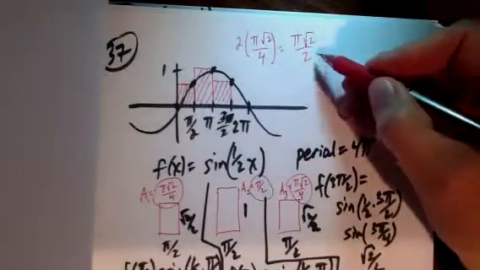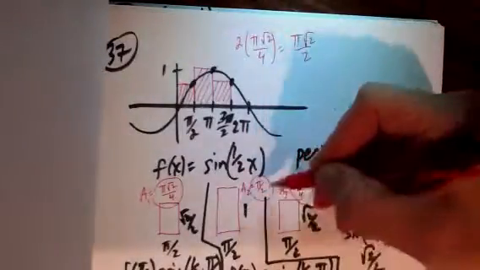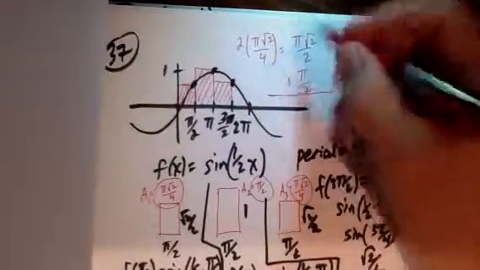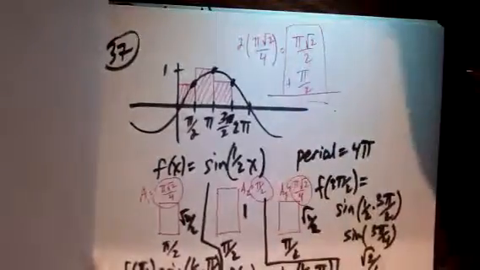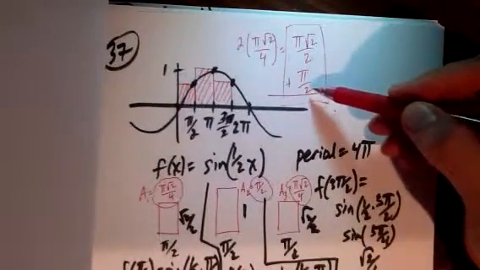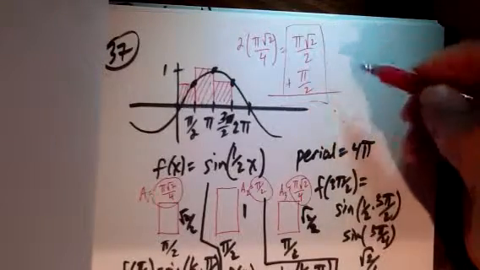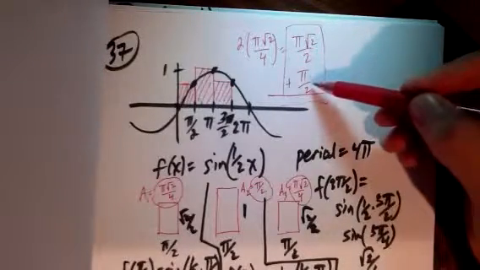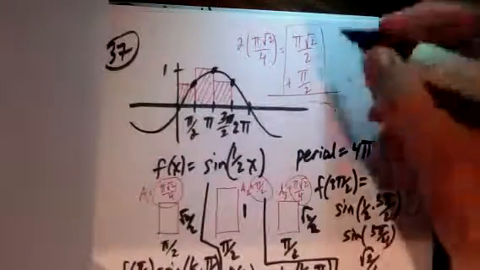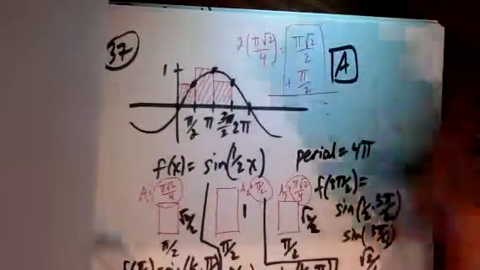That's the left plus the right. And then we have this middle rectangle, which is pi over 2. So it's pi root 2 over 2 plus pi over 2, which is choice A. Choice A says pi over 2 plus pi root 2 over 2. Choice A is the solution.